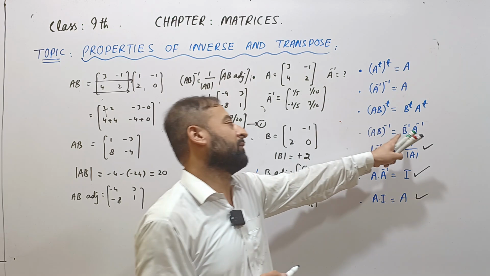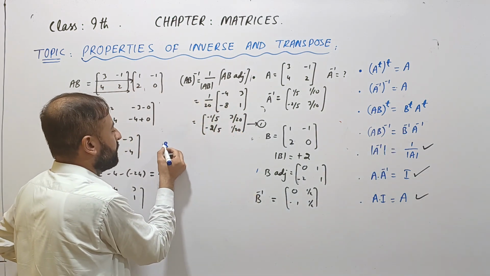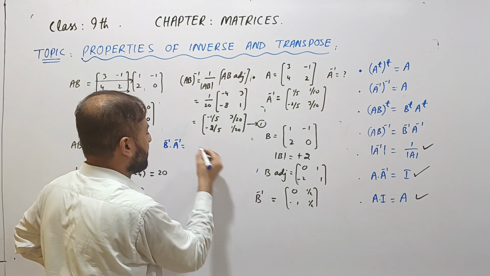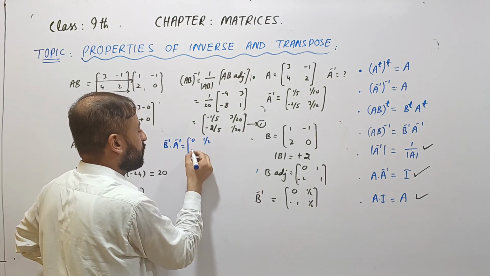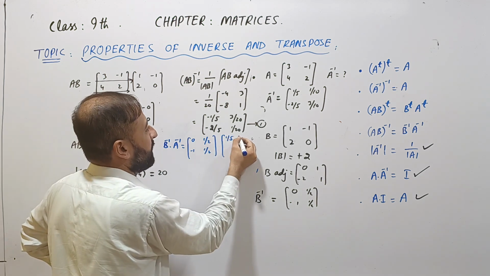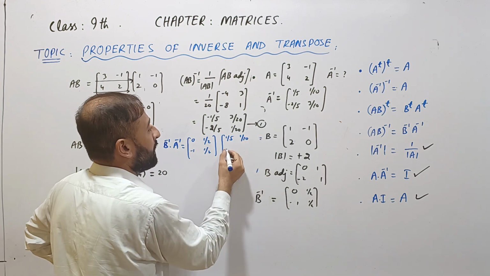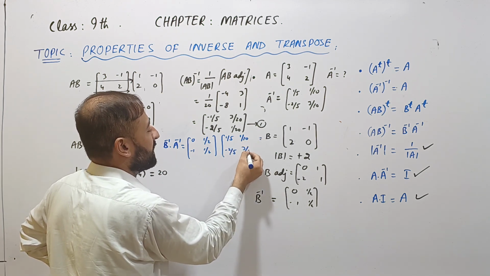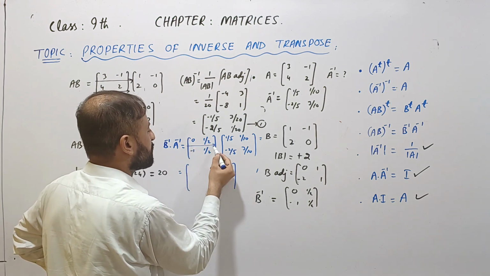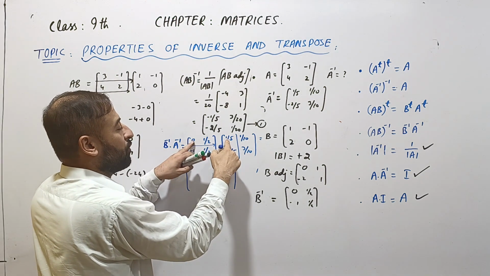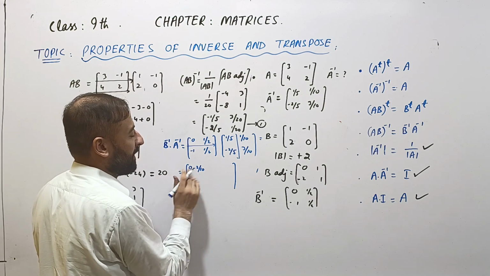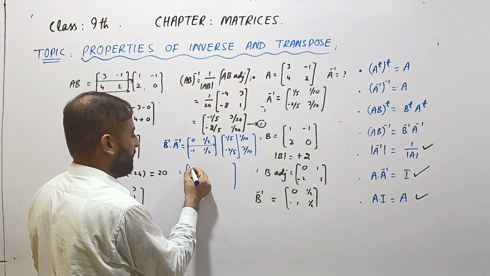Now you find B inverse A inverse. B inverse is which matrix? This matrix: 0, 1 by 2, -1, 1 by 2, and A inverse is 1/5, 1 upon 10, -2 by 5, 3 divided by 10. All right, my students. First row multiplied with first column, 0 minus 2 by 10, which is equal to -1 by 5.